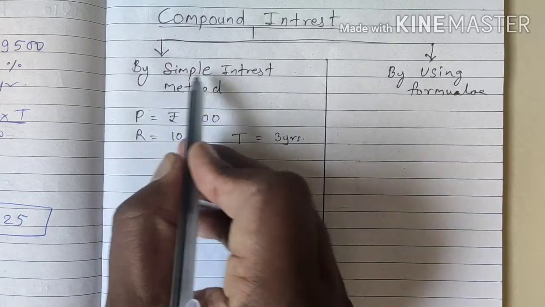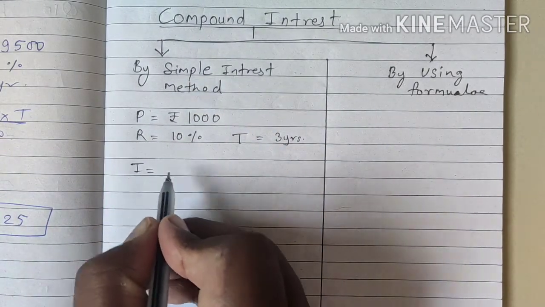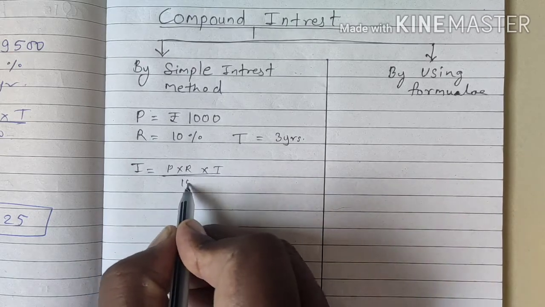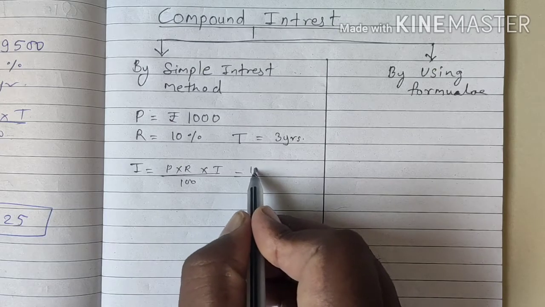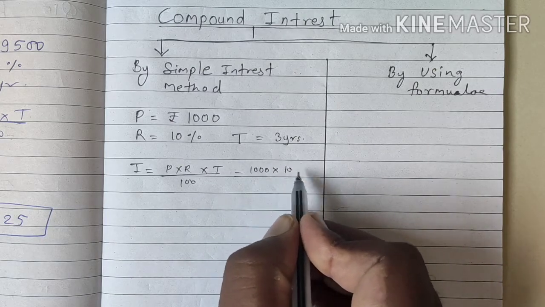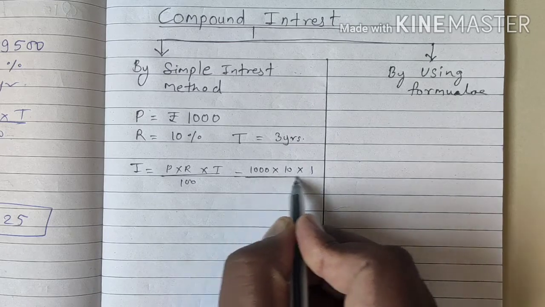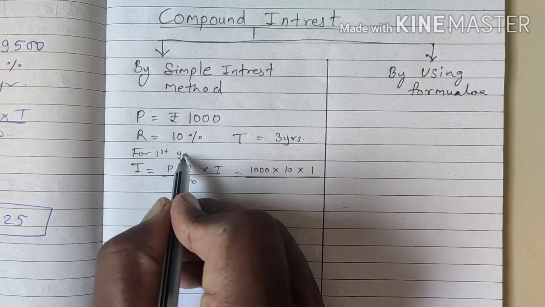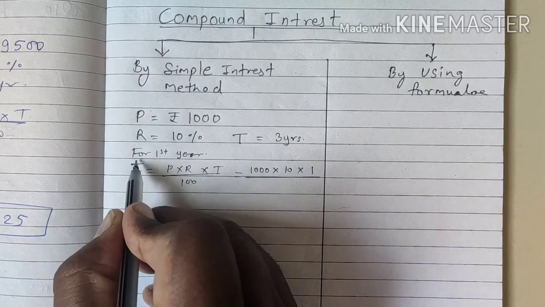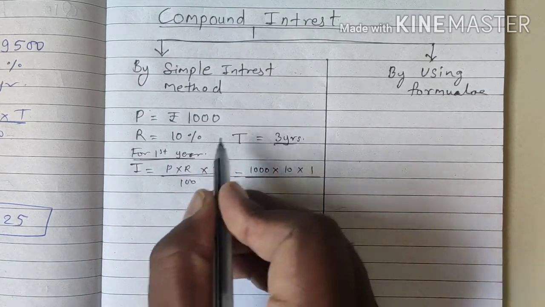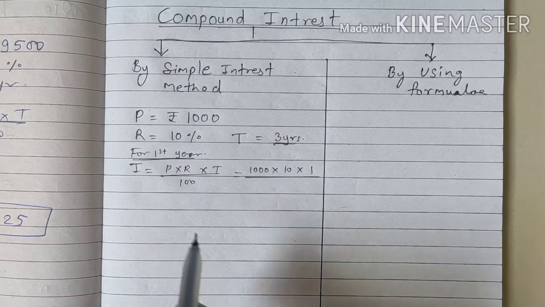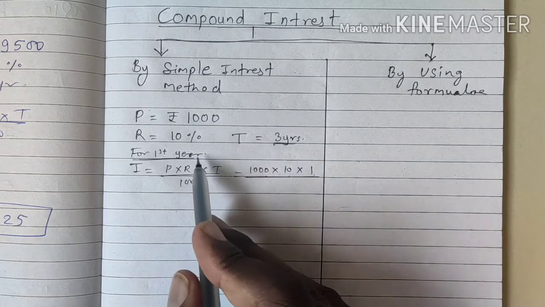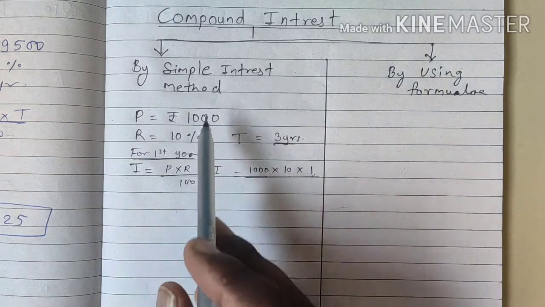As the method is simple interest, we will apply the simple interest formula, P into R into T upon 100. The value of P is 1000, rate is 10%, time is 1 year. We are solving for the first year; we will not use 3 years directly, we will solve for each year separately. Time is always taken as 1 year for the simple interest method.